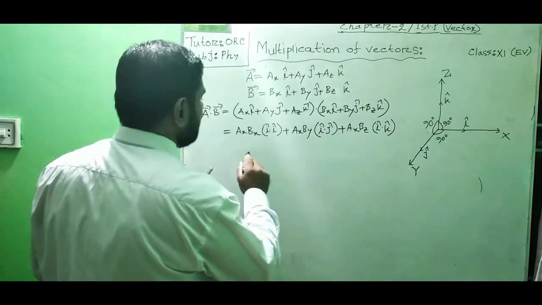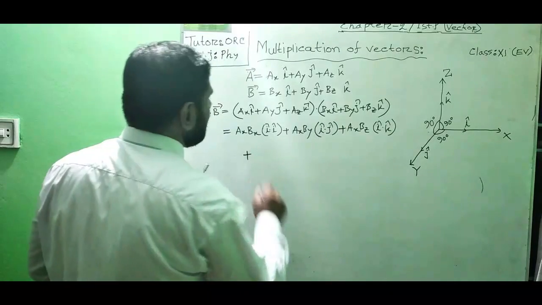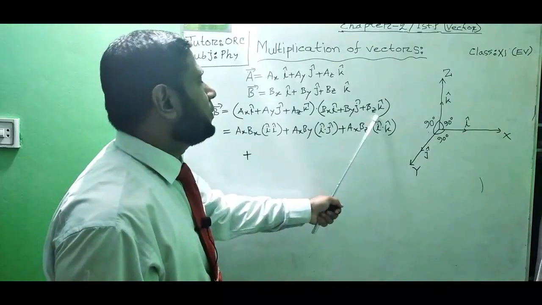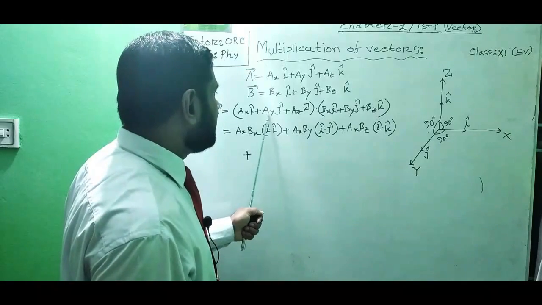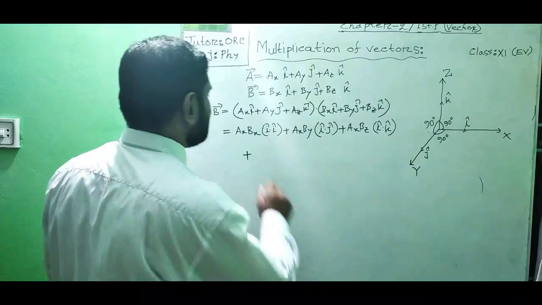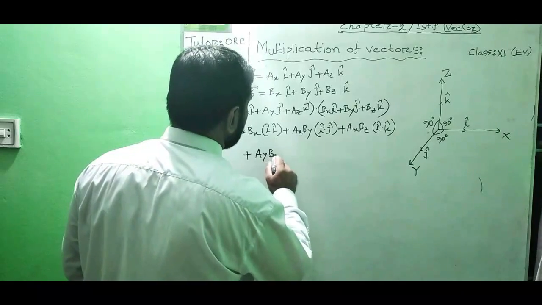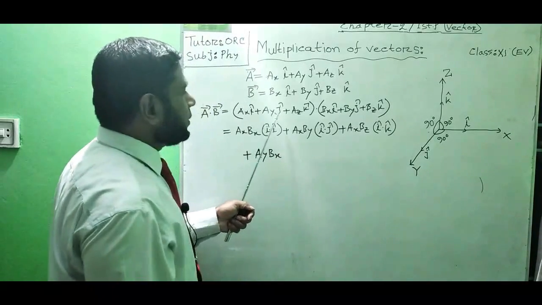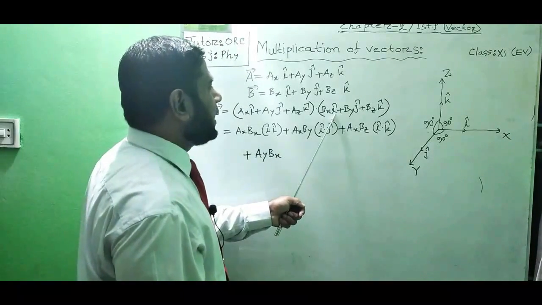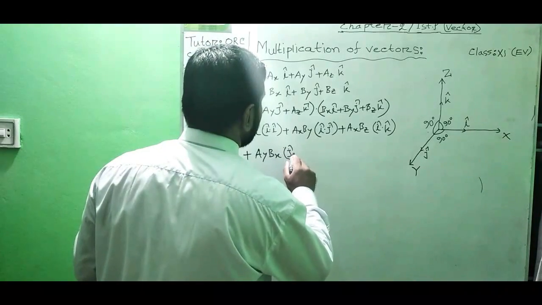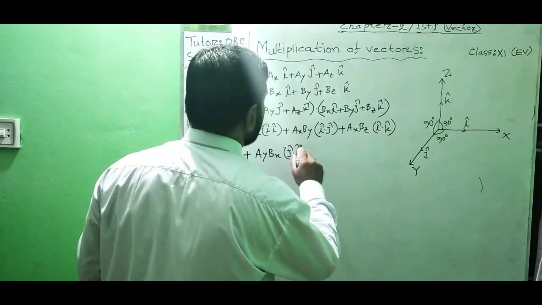In the same way, now we multiply the second term of vector A with all terms of vector B. So here there will be ay bx, and the unit vectors are j cap and i cap, so j cap dot i cap.